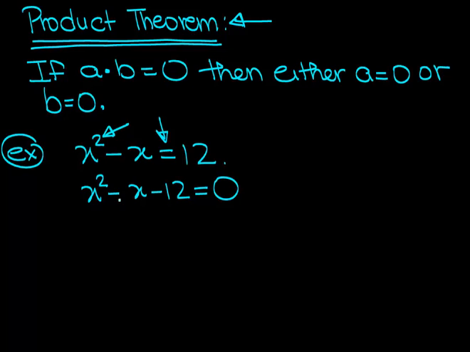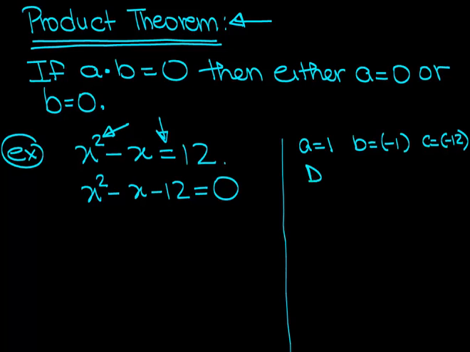So now the question is, can I factor this? I'm just going to do this once, but I won't do it again. Always do it on the side. Let's check to see if this can be factored. a is equal to 1, b is equal to (-1), put parentheses since it's negative, and c is equal to (-12). Let's calculate the discriminant. We're just checking to see if it can be factored. It can, but I'm just going to prove it to you. b squared minus 4ac is the discriminant.